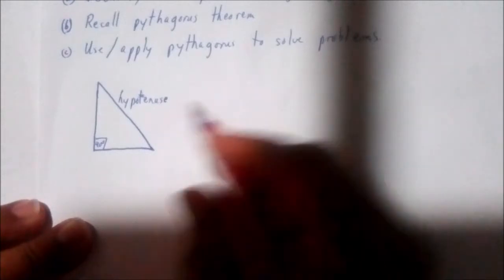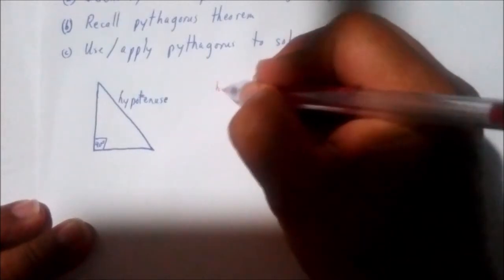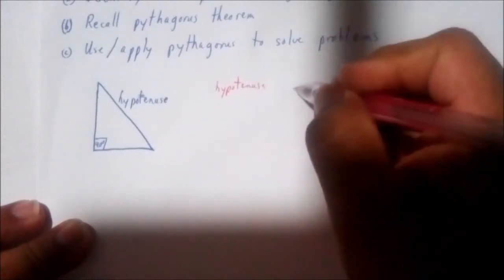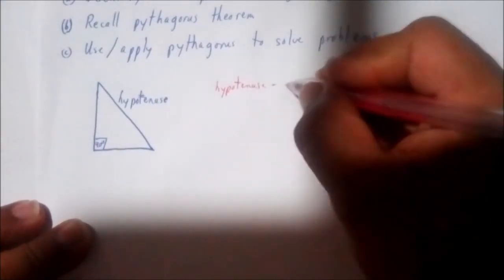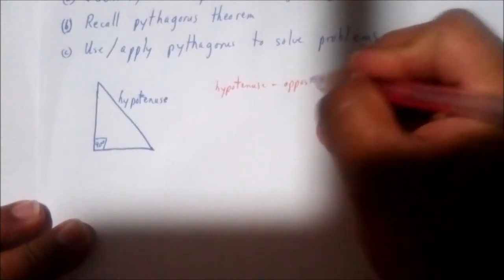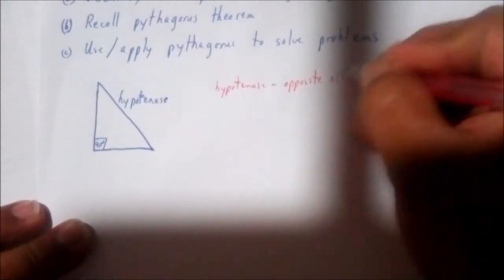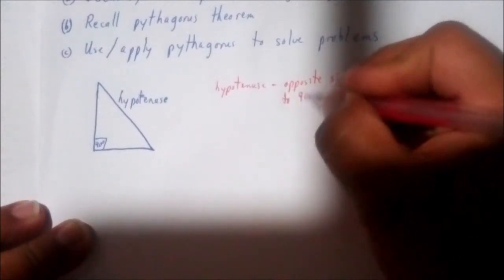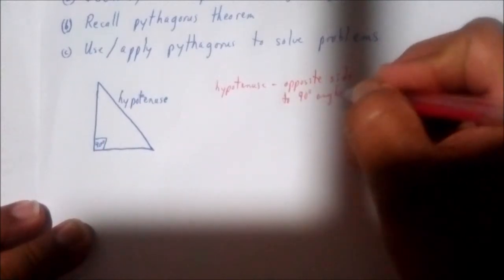So let's write that down. Hypotenuse: two ways we could identify it. One, it is opposite to the 90 degrees angle.